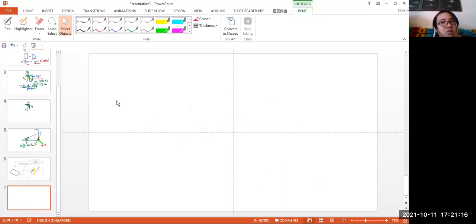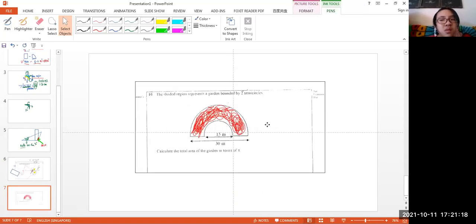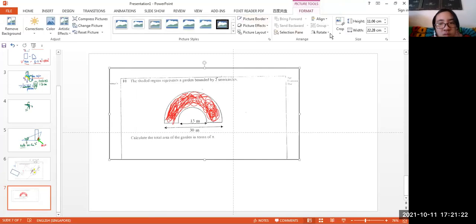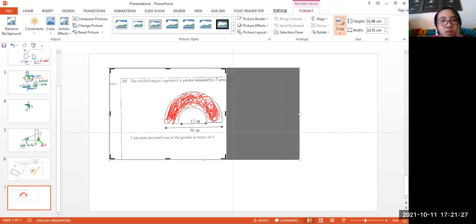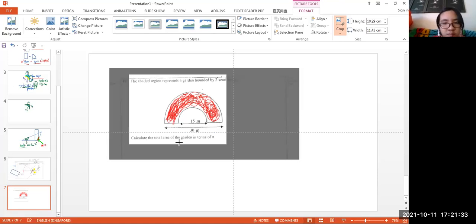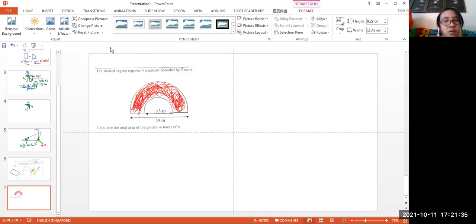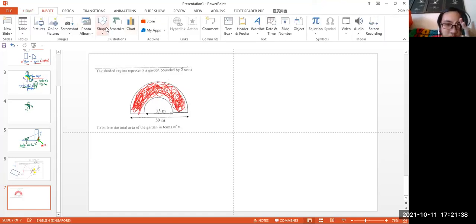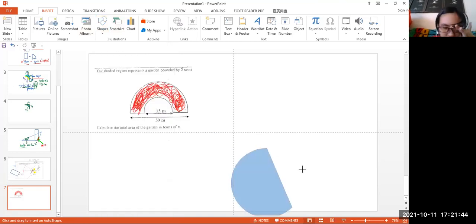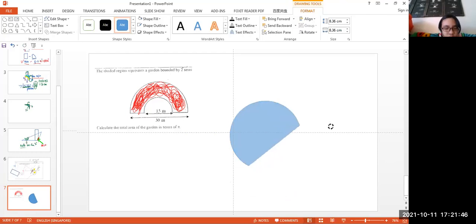The formula. Yeah, but formula is formula. I'm asking for the approach. What's supposed to be the approach? You know or you don't know? I'm not sure.